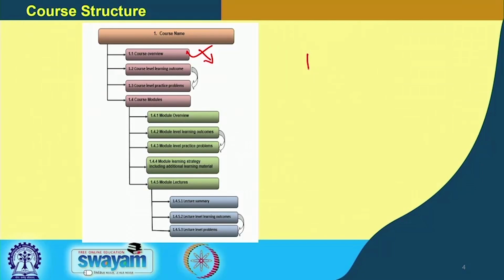So, what is the course overview content? One paragraph on motivation and one paragraph on description of the course or coverage. What is motivation?